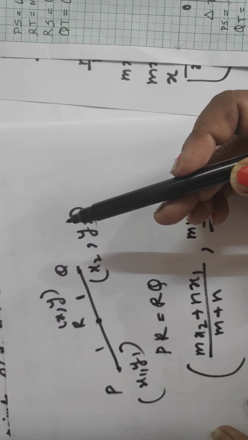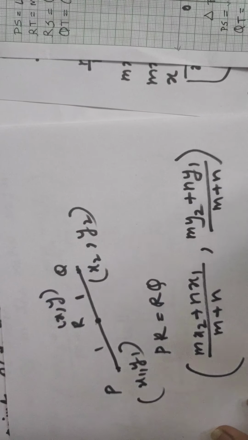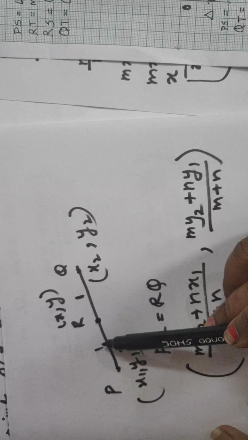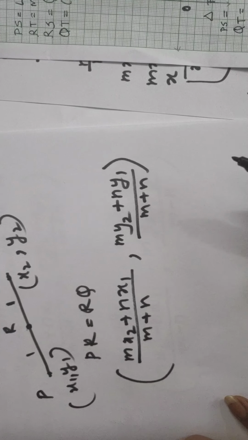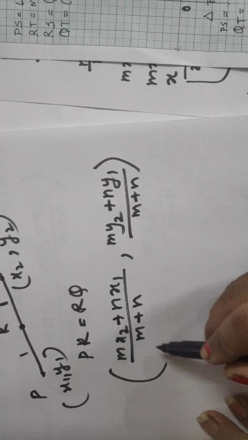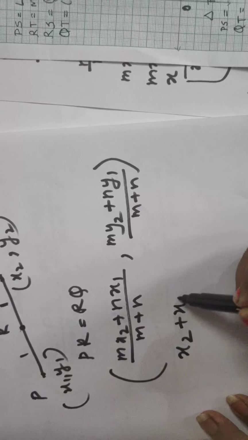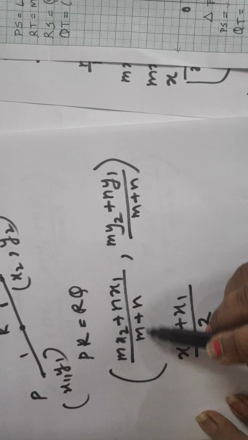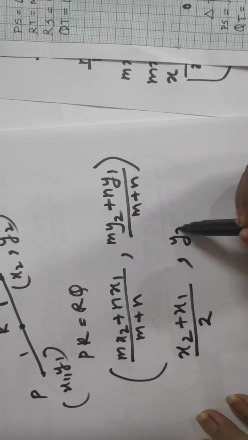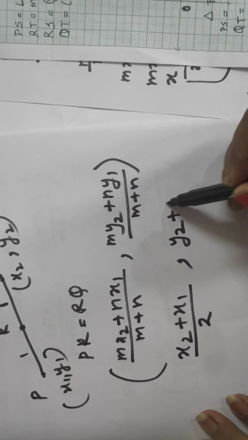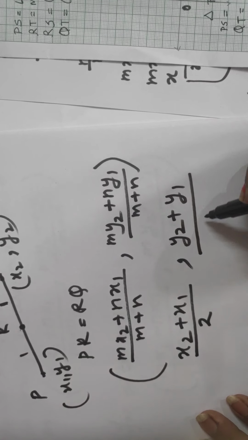If it is the midpoint, it is definitely dividing the line segment 1:1. So let's put m is 1 and n is 1. We get (x2 plus x1) upon (1 plus 1), that is 2, comma (y2 plus y1) upon (1 plus 1), that is 2.